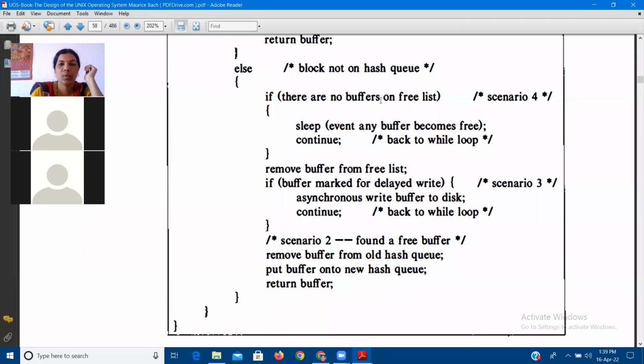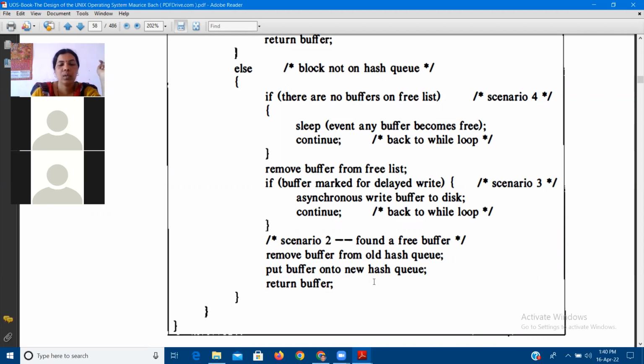Else, if there are no buffers on the free list, sleep until event any buffer becomes free, continue. Remove buffer from free list. If buffer marked for delayed write, asynchronous write buffer to disk, continue. Otherwise, remove buffer from the old hash queue, put buffer onto new hash queue and return buffer.